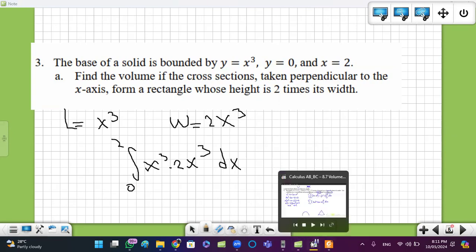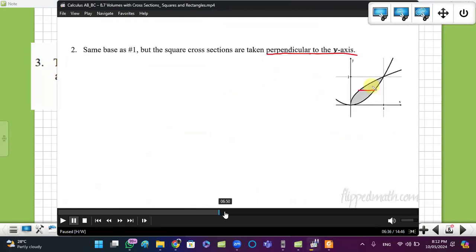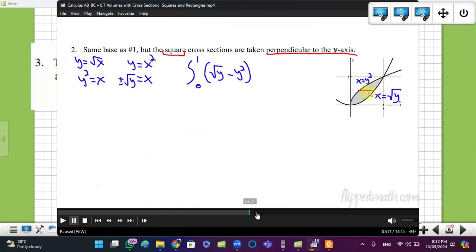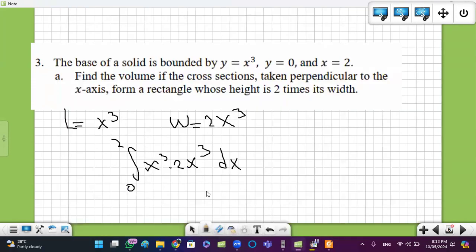Let's see how he solved this. Why didn't he make it here? Some people will be fooled. Why? You think that we're going to do x equals 2 with y.